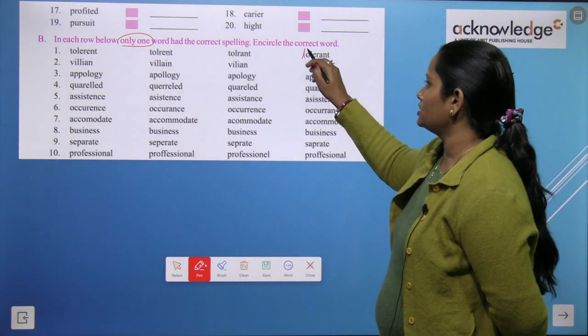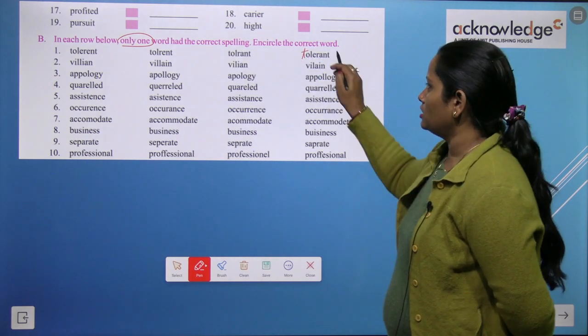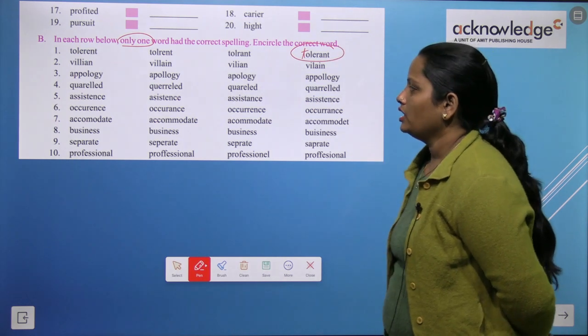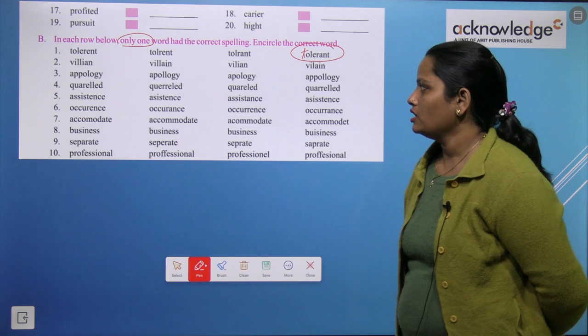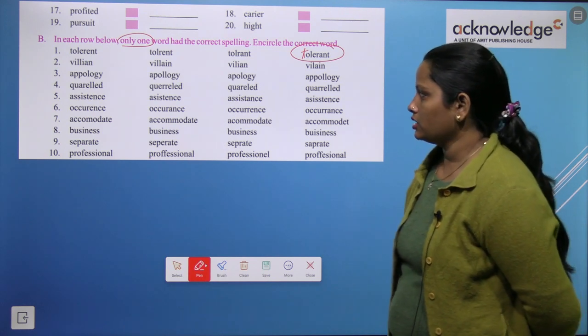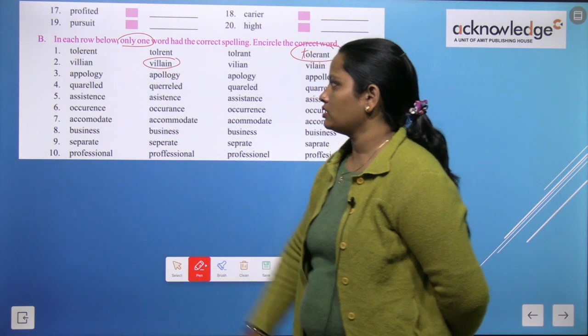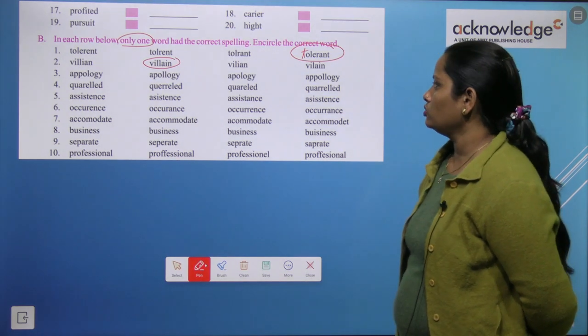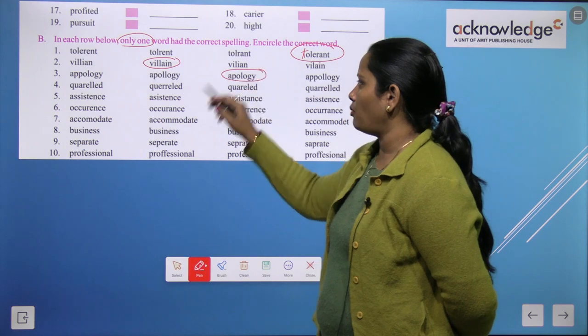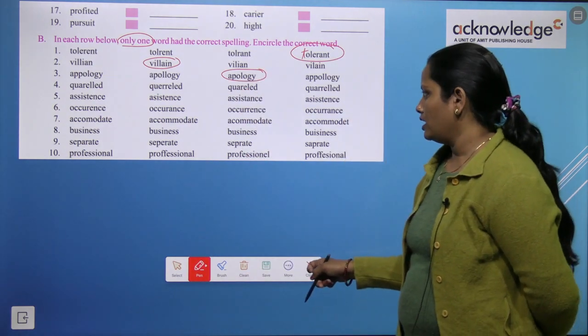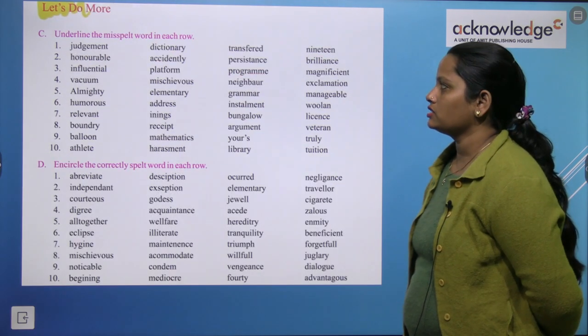Here T is missing. So here this is the correct word. Next, villain and villain. So here children, the correct word is villain. So like this, you have to do all of the words here. So here this apology is the correct one. Like this, complete the rest of the exercise.